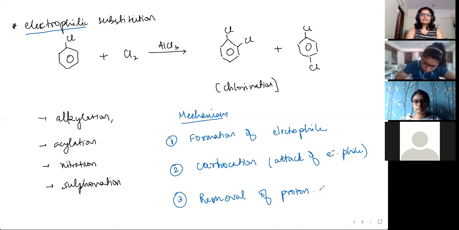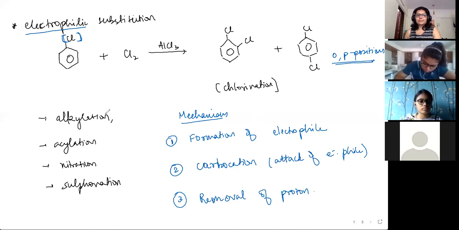So revise this. We have already discussed the electrophilic reaction. The only main thing you guys have to know in this context is that the presence of halogen directs the electrophile to ortho-para positions. And the whole mechanism behind it is the same.